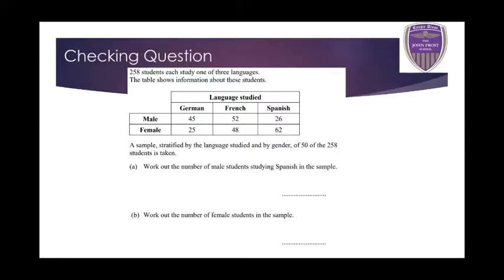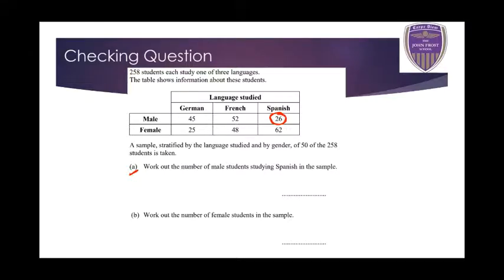Okay, so first things first, let's break this question down. The first part: we need to work out the number of male students studying Spanish in the sample. So let's use red pen for this. Male students studying Spanish, well, that is a grand total of 26.